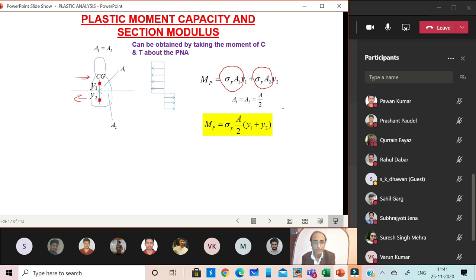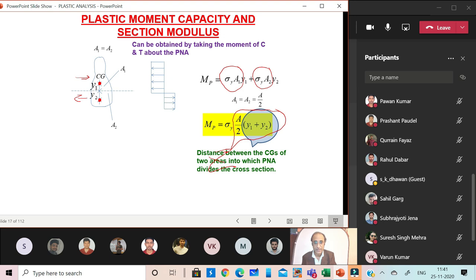If we compare with the expression for the elastic moment, this term is equivalent to Z. This is called the plastic section modulus. We define our plastic moment as sigma y multiplied by the plastic section modulus, which is given by this expression.